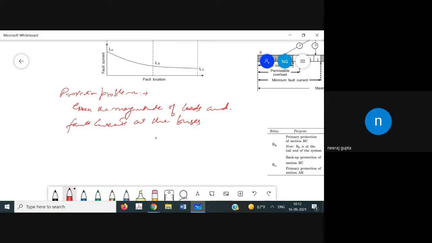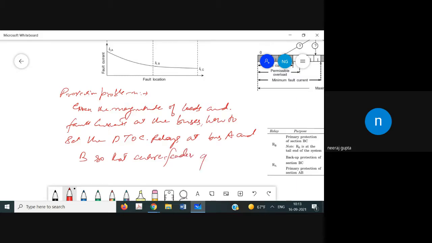how to set the DTOC relays at bus A and B so that the entire feeder gets overcurrent protection arranged as primary and backup protection.